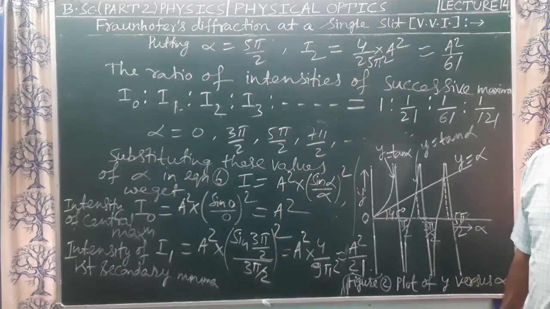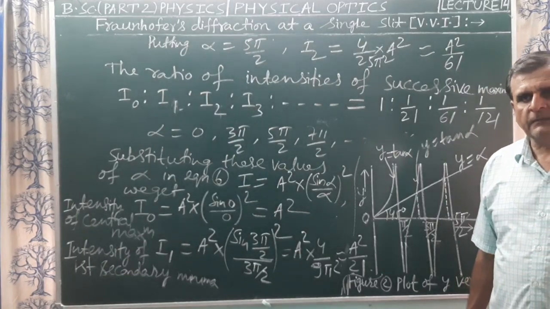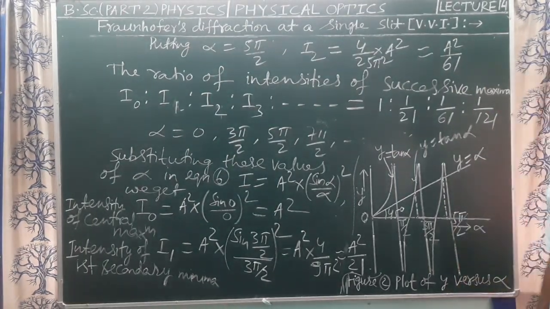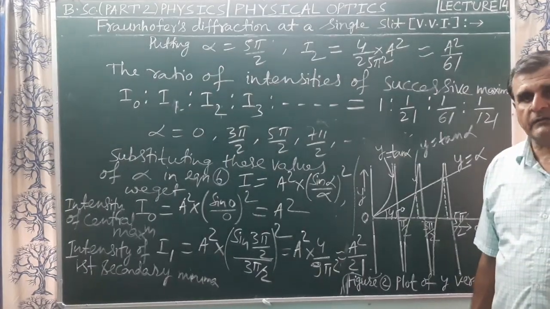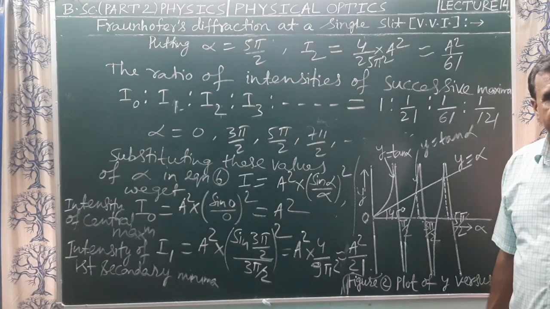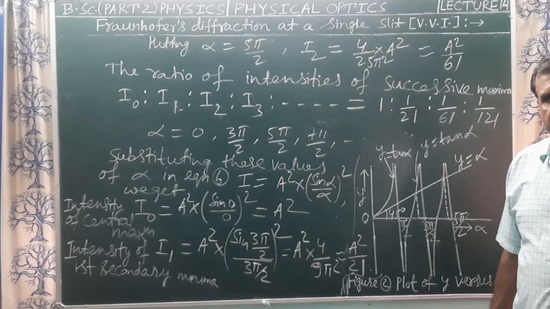Most of the incident light is concentrated in the principal maxima which occurs in the direction where alpha is equal to 0, and since alpha is pi d sin theta by lambda equal to 0, therefore theta, the angle of diffraction, is equal to 0, that is in the same direction.